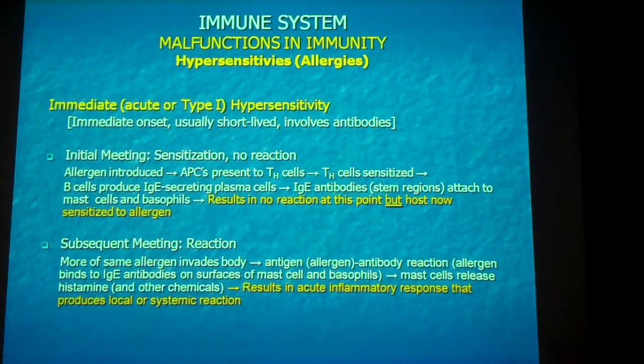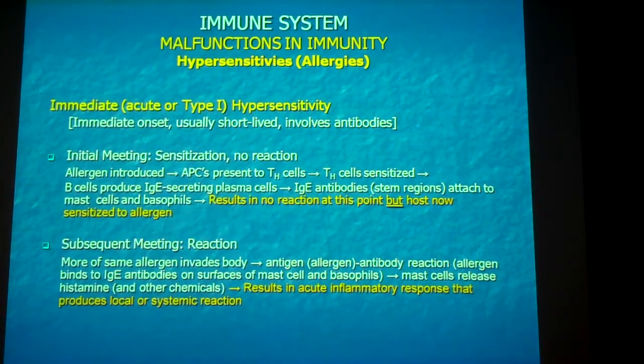And basically what happens here is you contact some allergen, something in the air or something that causes some kind of allergic reaction in your body. When you first contact this allergen, nothing is going to happen. But the antibodies accumulate on mast cells and basophils.